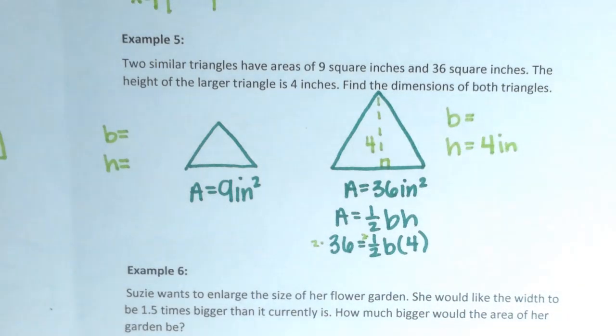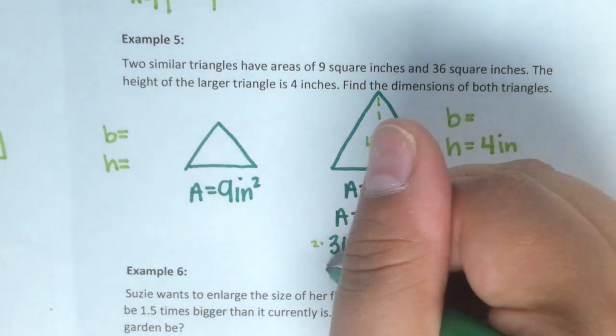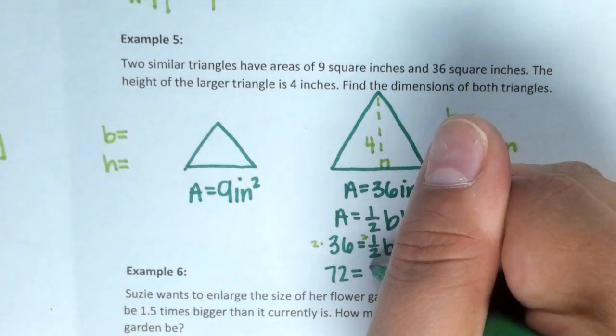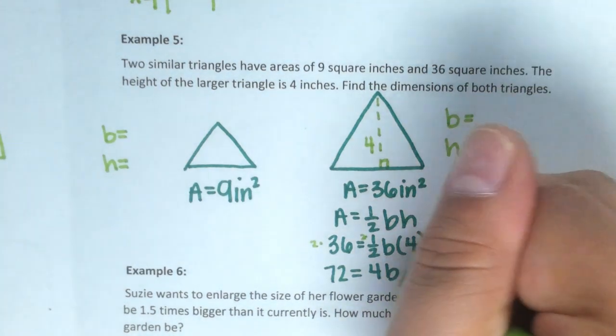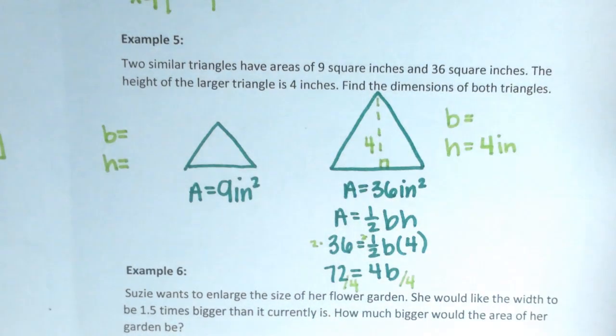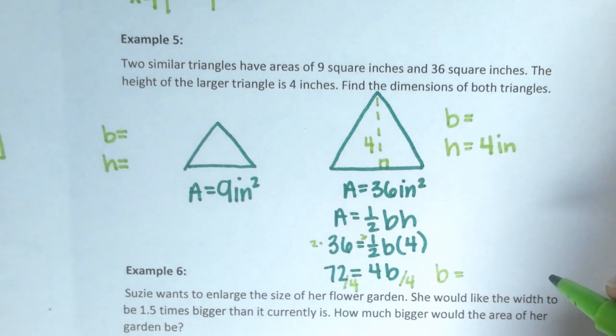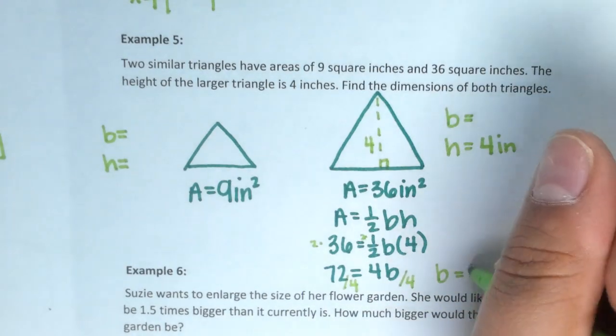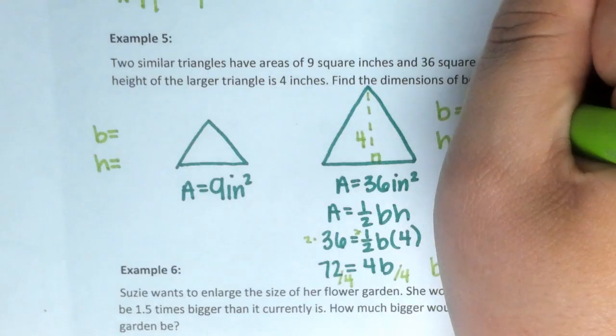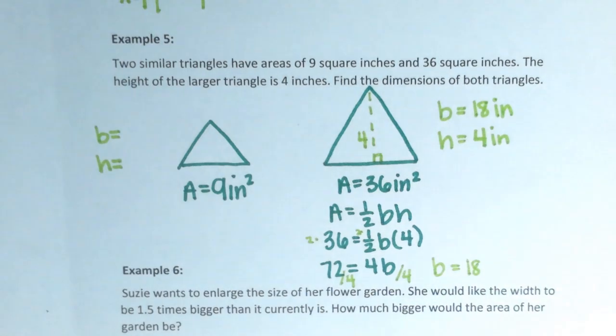Then I get 72 equals 4B, which is divide by 4. What is 72 divided by 4? So my base is 18 inches.